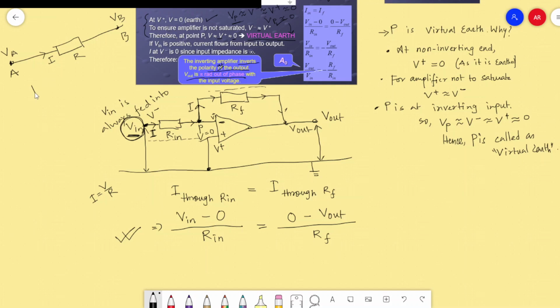So can't we say I equals the potential difference between these two points A and B, which is VA minus VB, divided by R? Can we or not?